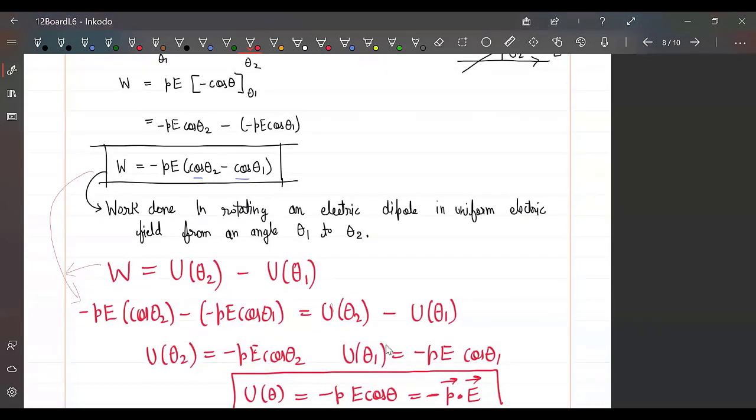Theta is the angle between electric field and electric dipole. So we can write a formula for potential energy of an electric dipole in a uniform electric field. That will be minus PE cos theta, in short, minus P vector dot E vector. So in short, you can only remember this formula and this formula to calculate your answers.